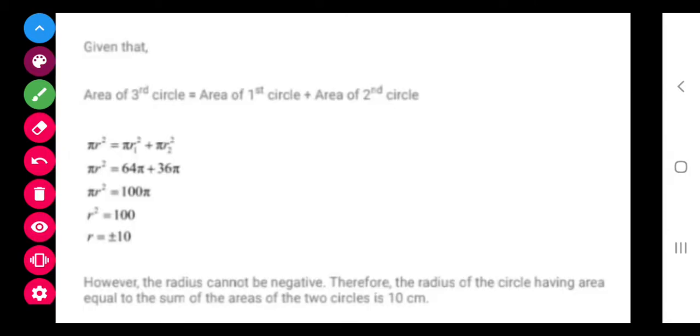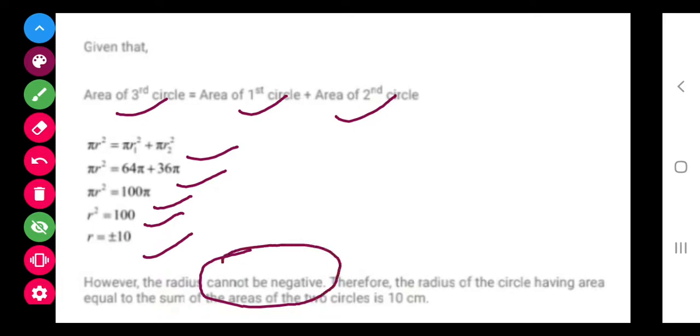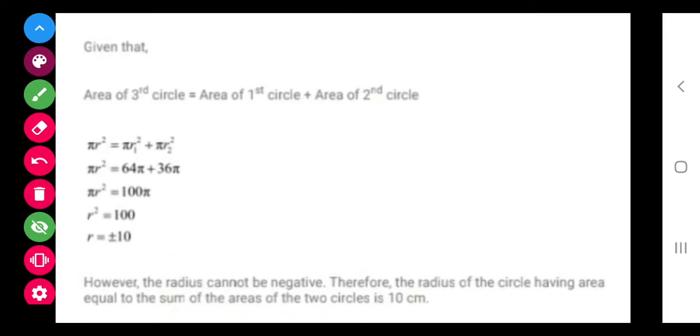Now the area of the new circle is equal to the sum of the two circles. So applying the formula, finally we have got plus 10 and minus 10. Minus 10 cannot be an answer because this is the radius and this is a length, so length cannot be negative.